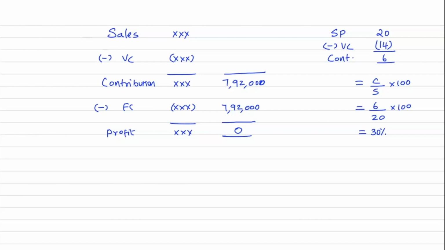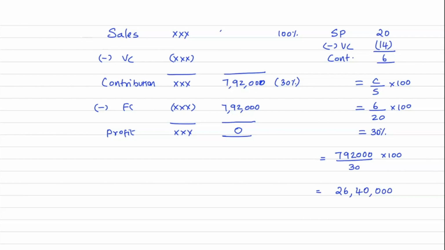It means this contribution of 7,92,000 what we have now is actually 30%. So if this 7,92,000 is 30%, then what is 100%? Simple calculation, 7,92,000 divided by 30 into 100, and that's giving value as 26,40,000.